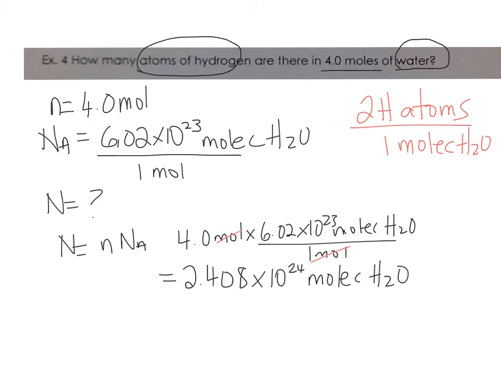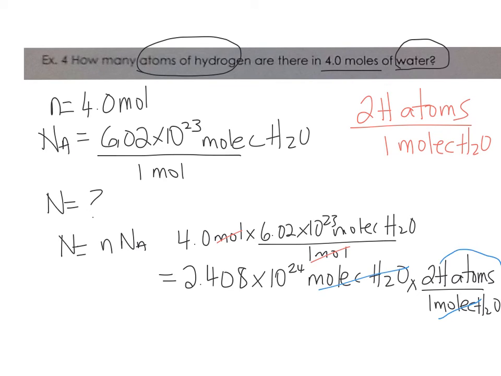If I multiplied my answer by this ratio, what happens to my molecule of water? It's on the top in the first, and it's in the bottom in the second, so it cancels.